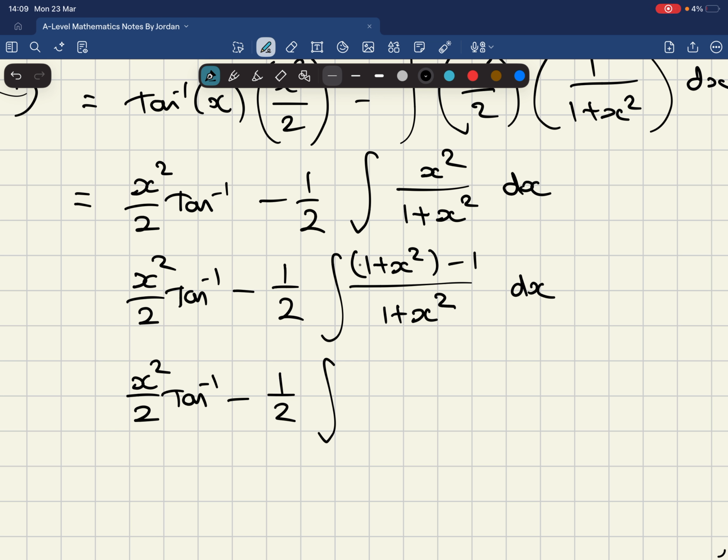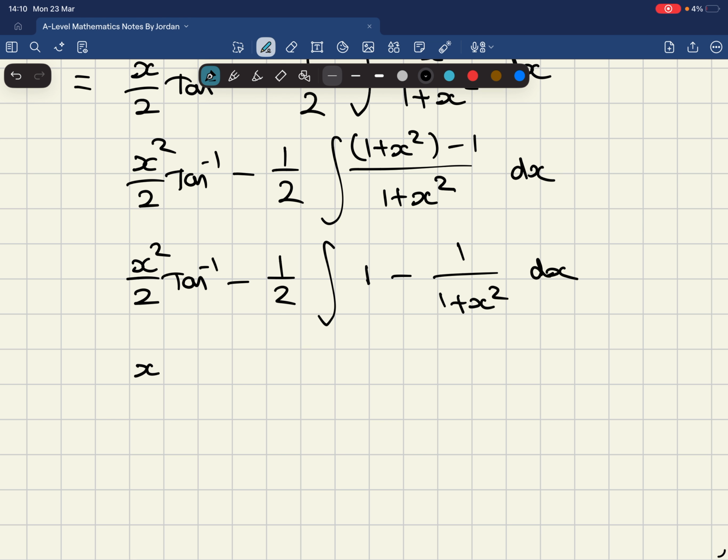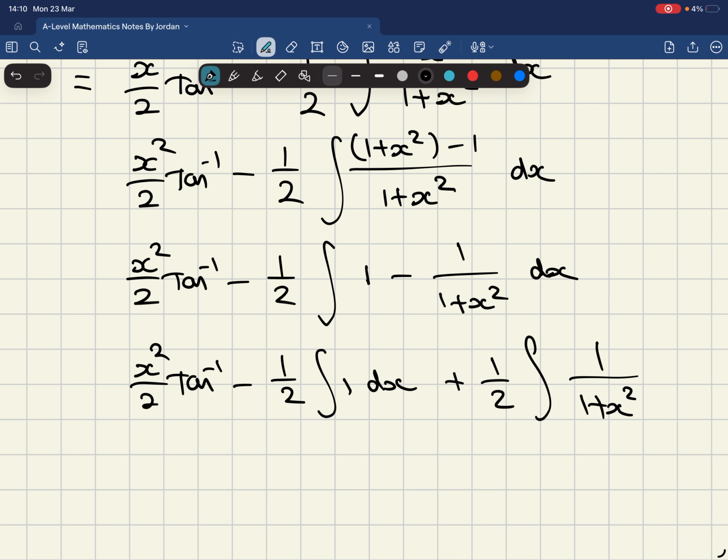So 1 plus x squared over 1 plus x squared is 1, and then minus 1 over 1 plus x squared. There we go. So that's minus a half, then we have the integral of 1 with respect to x, just splitting these up. Two negative signs here will make a positive, so that would be plus a half, and then we have that there.